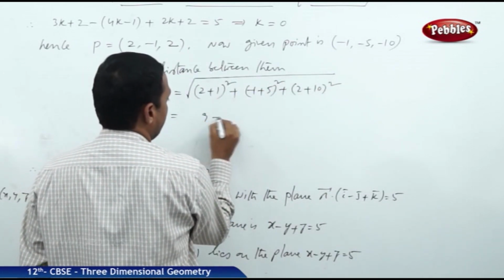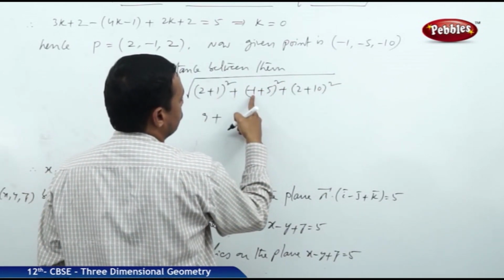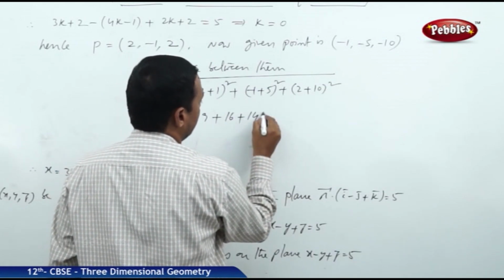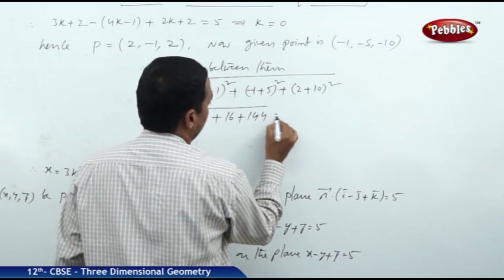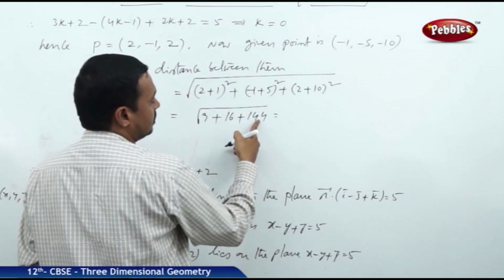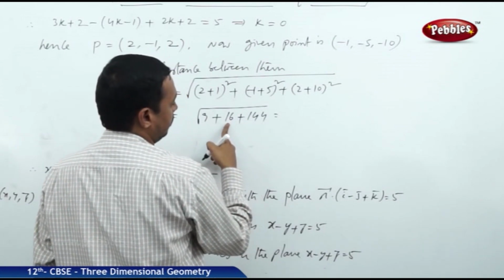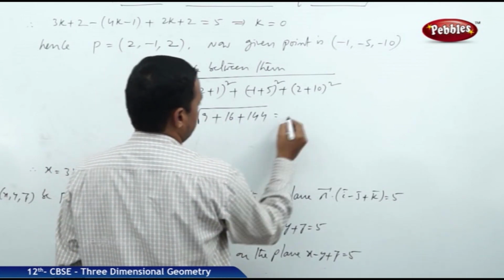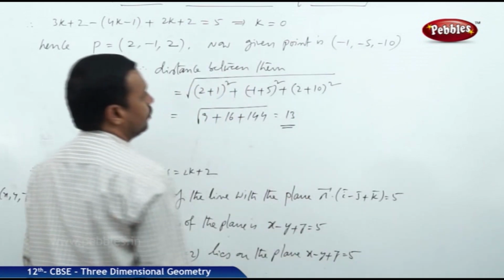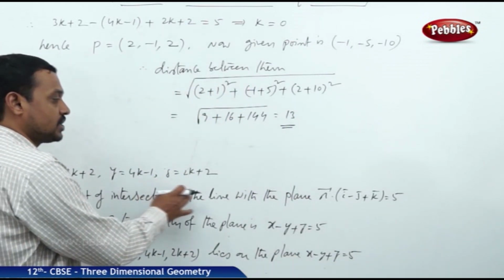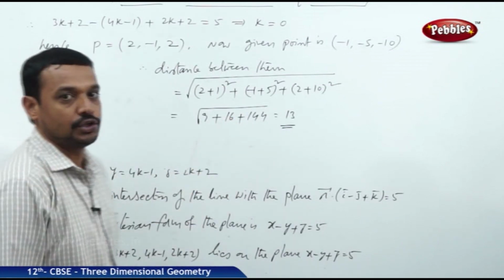Therefore, it is 3 square, 9, plus 4 square, 16, plus 8 square, 64, under root, which is 169, 13 units. Therefore, the distance of the given point from the point of intersection of the line and plane is 13 units.